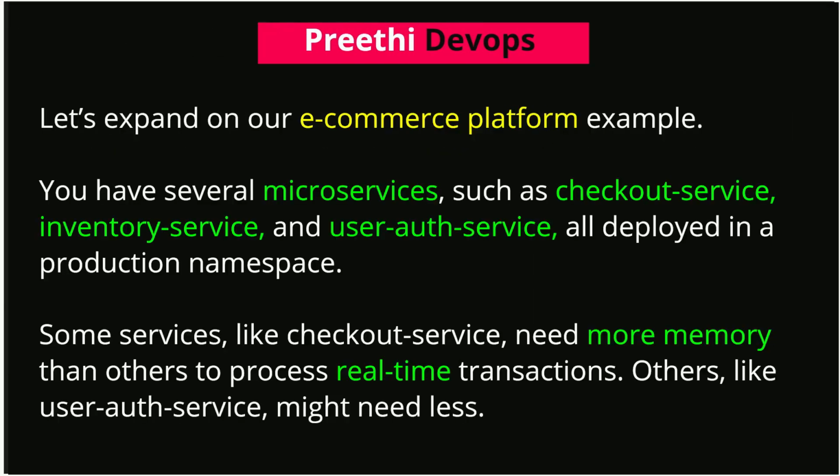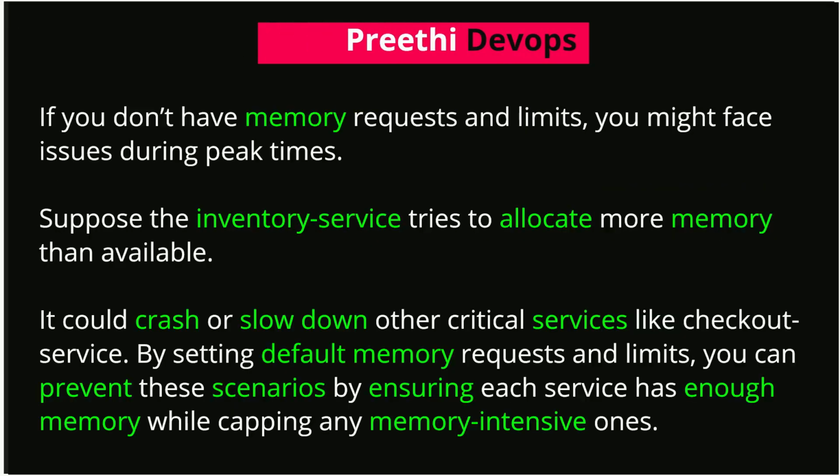Let's expand on our e-commerce platform example. You have several microservices, such as checkout service, inventory service, and user auth service, all deployed in a production namespace. Some services, like checkout service, need more memory than others to process real-time transactions. Others, like user auth service, might need less. If you don't have memory requests and limits, you might face issues during peak times.